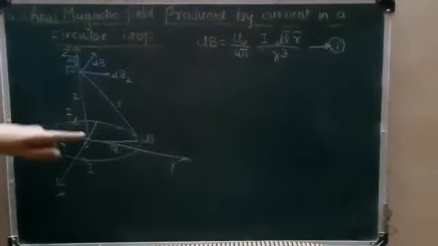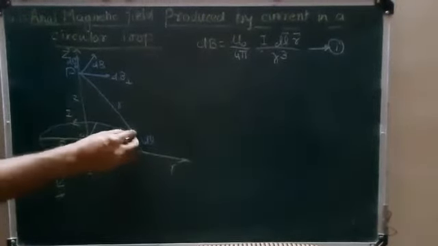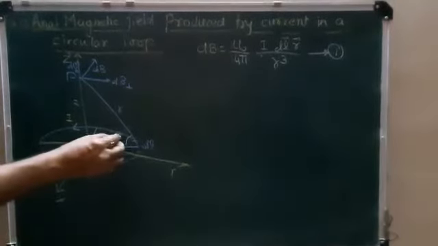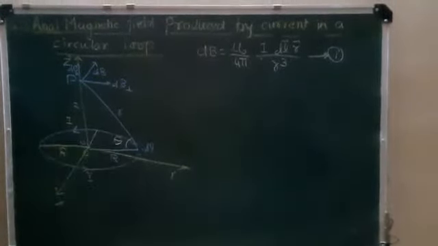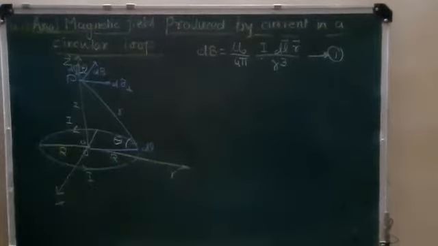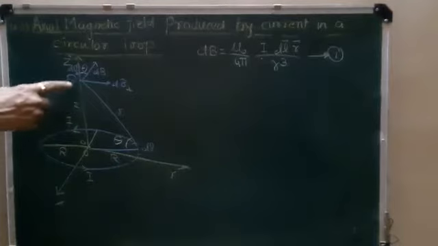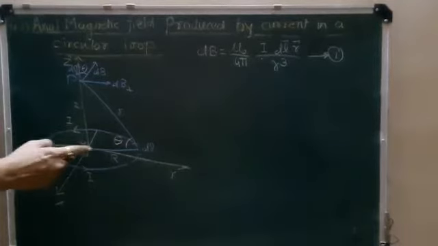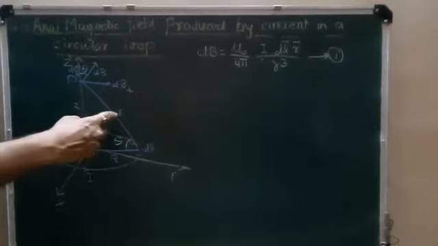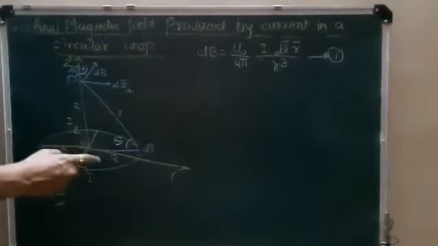Now, from this diagram, this angle created at this point is theta, and this angle is also theta. From this triangle, we use the Pythagoras theorem. According to the Pythagoras theorem, r square is equal to z square plus R square.